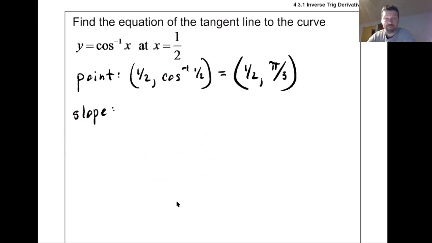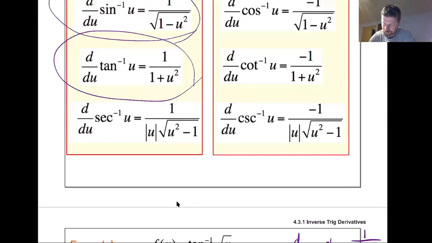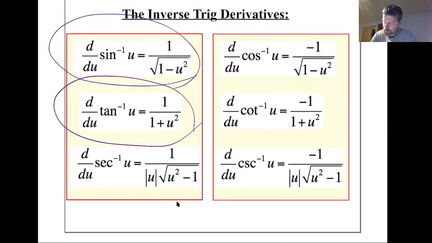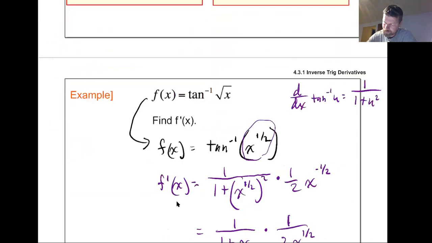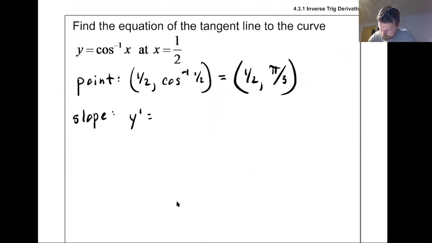All right, the slope. Slope is going to require the derivatives. So I got to find the derivative of cosine inverse. Well, y prime, that's something that's written up here. Let's take a look at it. Cosine inverse right there, same as sine except negative. So a -1 over the square root of 1 minus u squared. In this case, my u is just an x though.